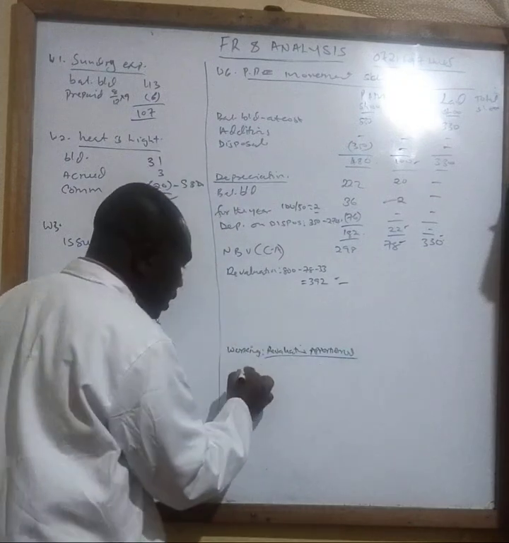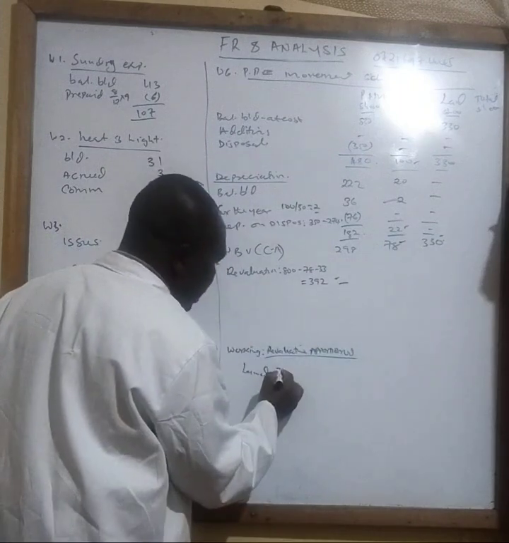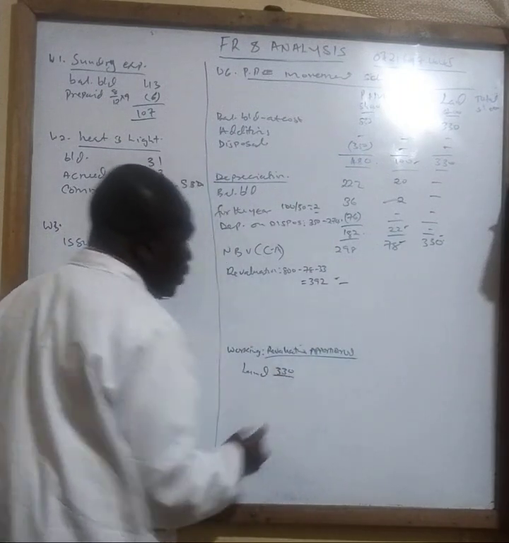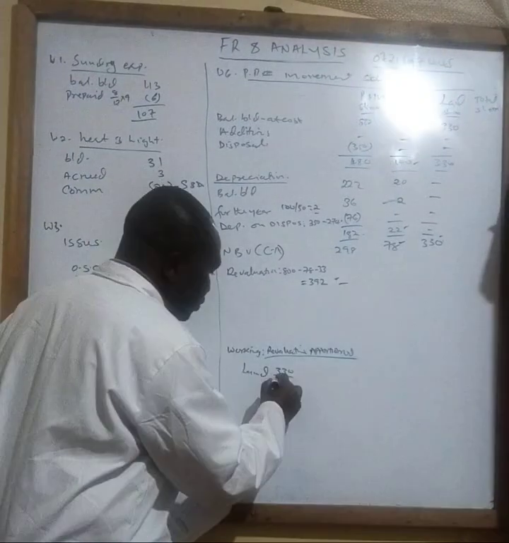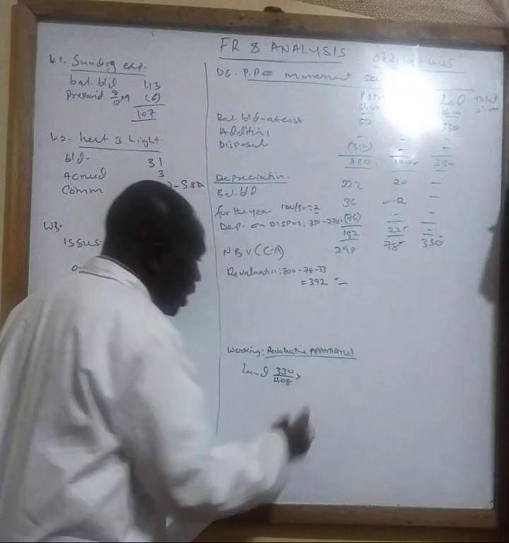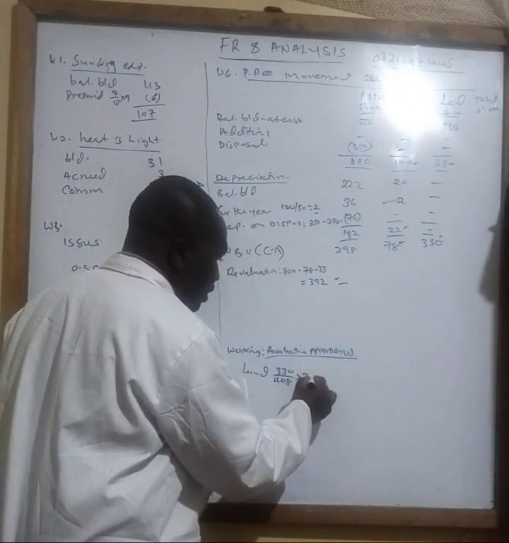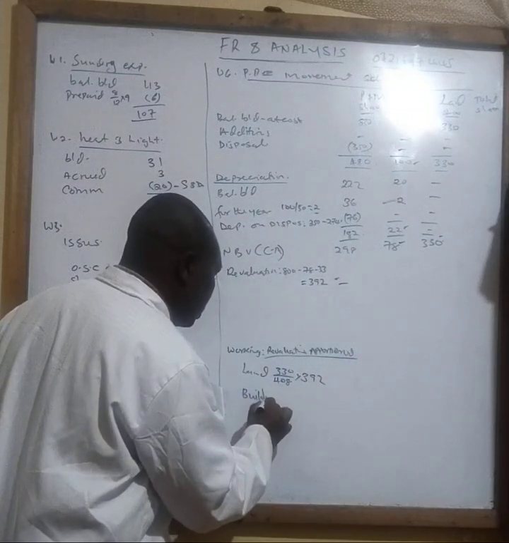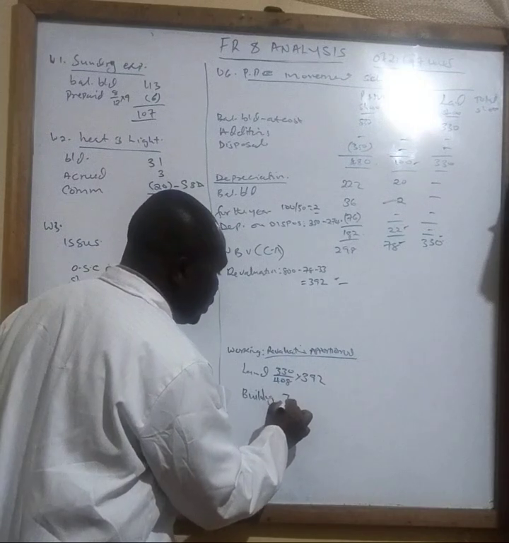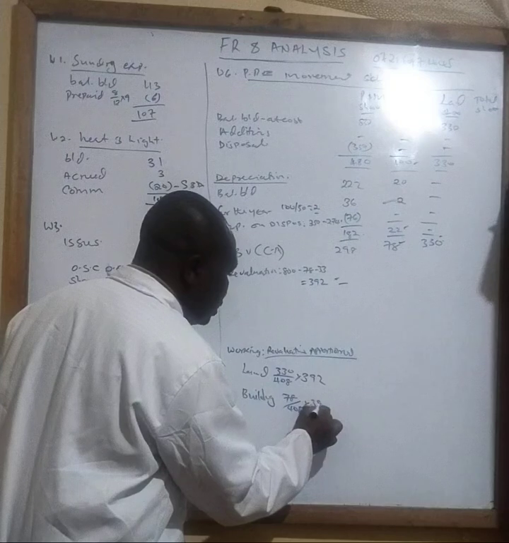So in this case, for land, you take the value of land, that is 330, divide by the total. So it means this plus this, you get 408. Then you multiply by revaluation, which is 392. The same applies to building, which is now 78 divided by 408 times 392.